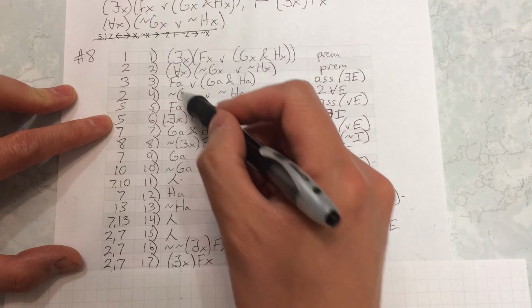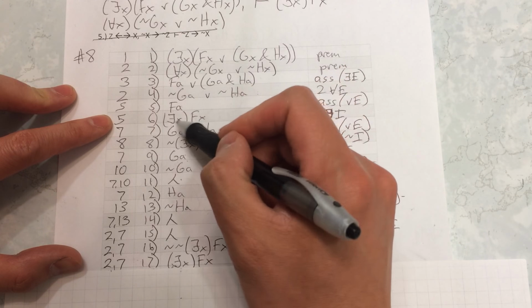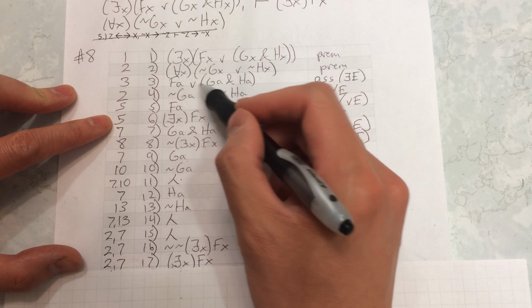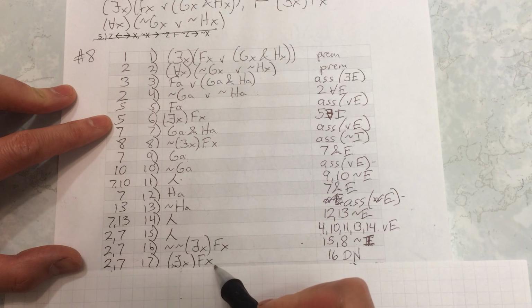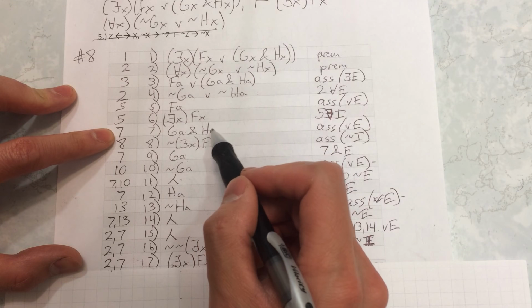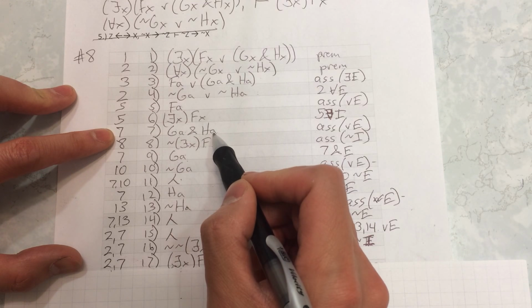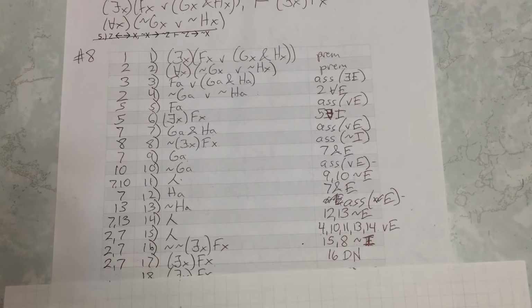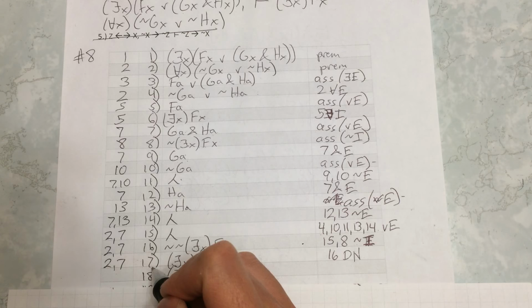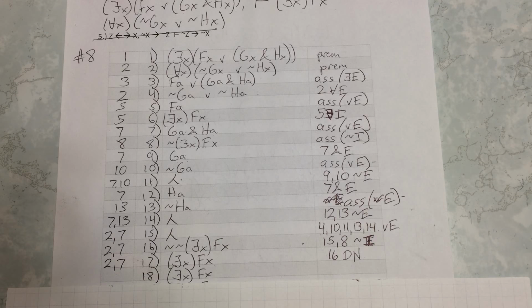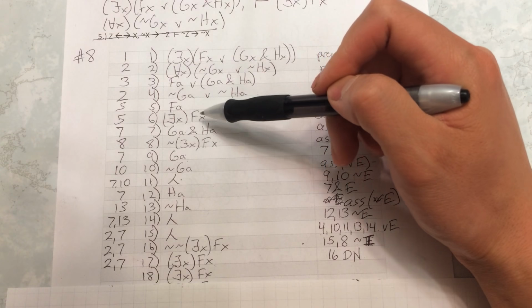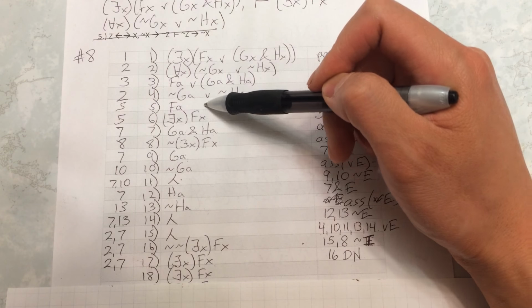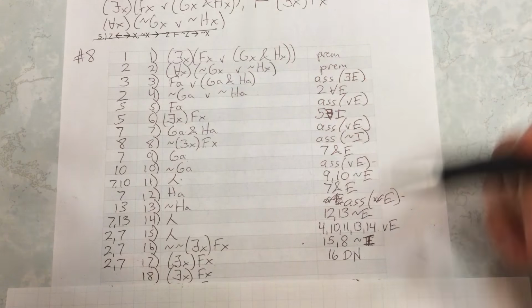So what we did was we got something is F from the left-hand side of this disjunction on 3, and we also got this formula again from the assumption on its right-hand side, GA and HA. So that means we can repeat the formula and discharge these two assumptions, on 5 and 7.